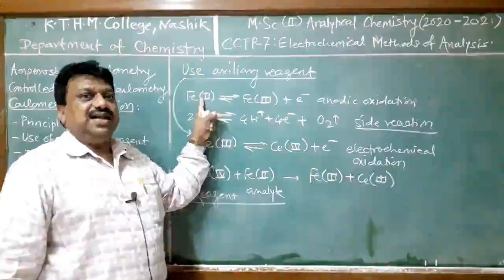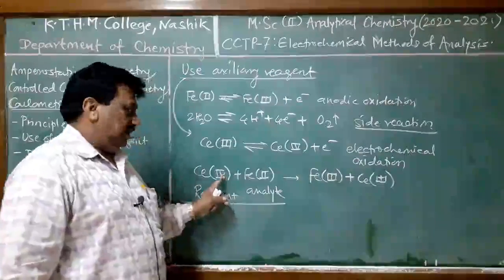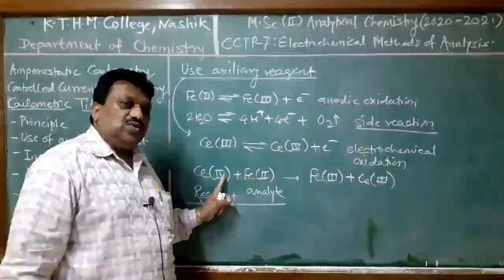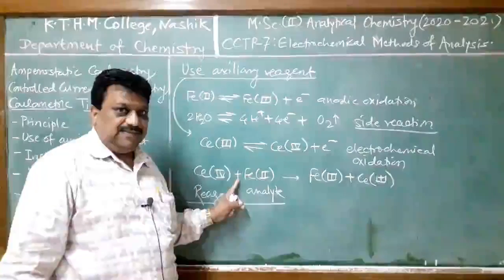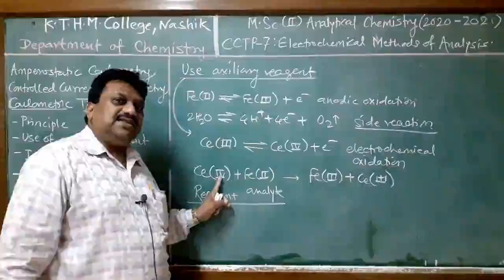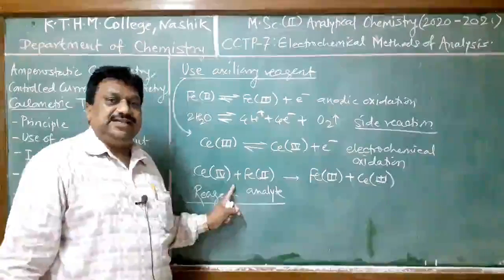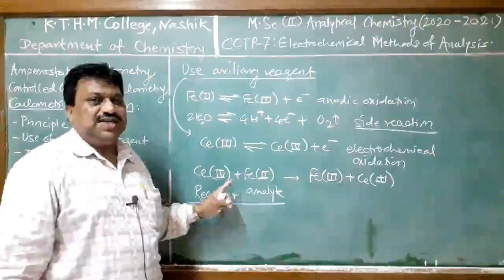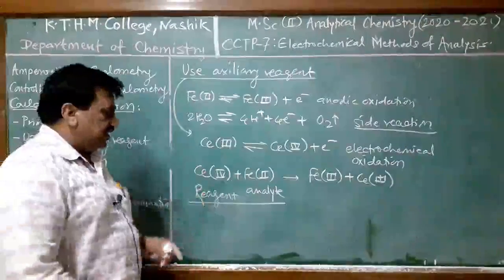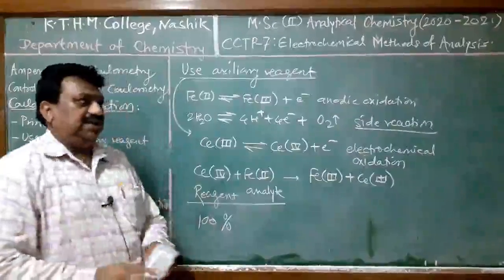After completion of the reaction, excess cerium 4+ ion present in the solution increases the current, and that indicates the reaction is completed. Therefore, cerium 4+ ion generated after the equivalence point functions as an indicator in this reaction, because it tells us the reaction is completed. Therefore, the auxiliary reagent is used in order to achieve 100% current efficiency.